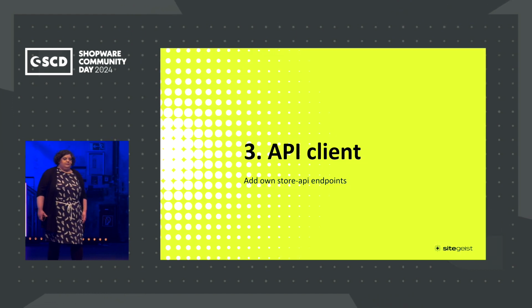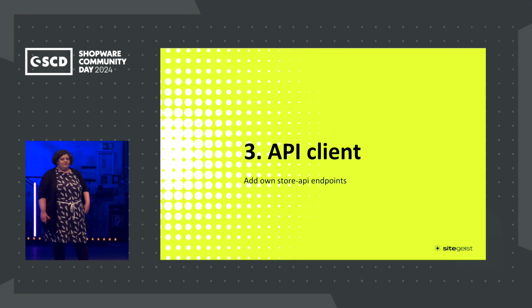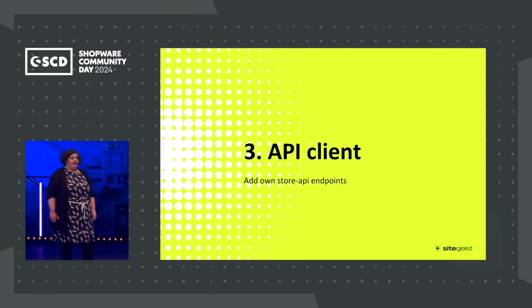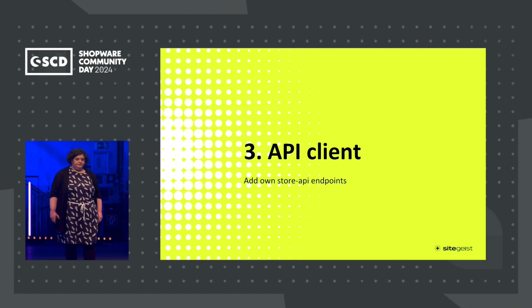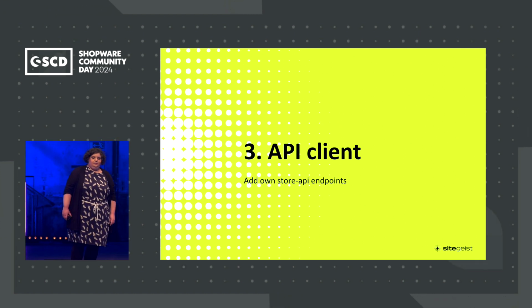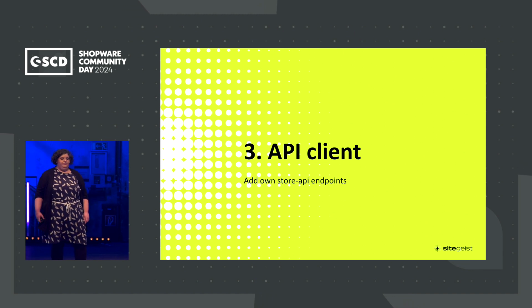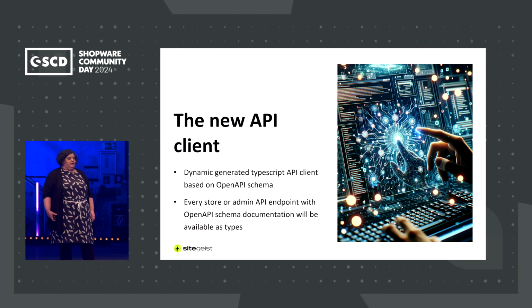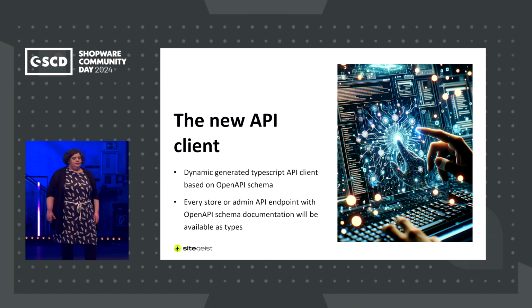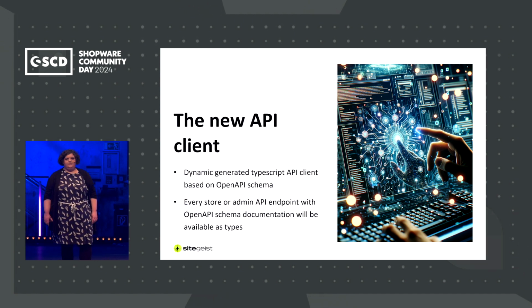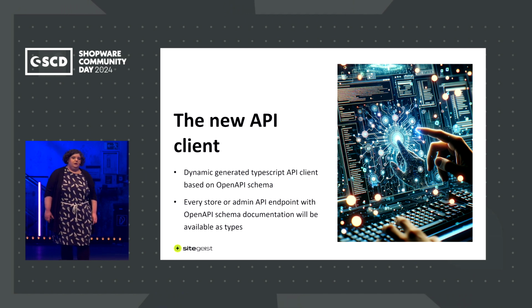So my next topic is the new API client inside the composable package. Before the new API client, the old API client was a static API client and only available for the store API.